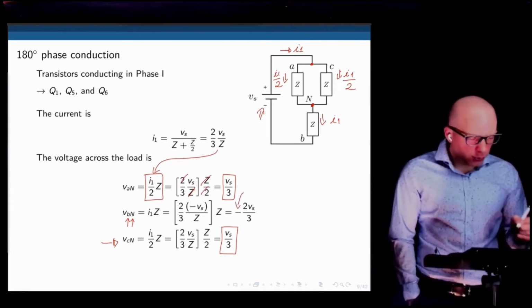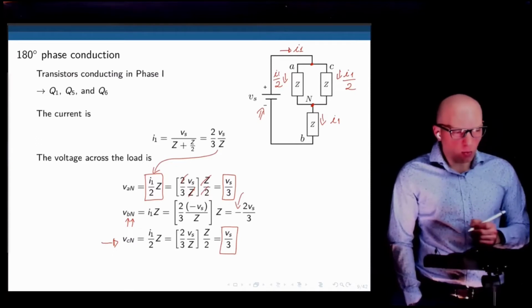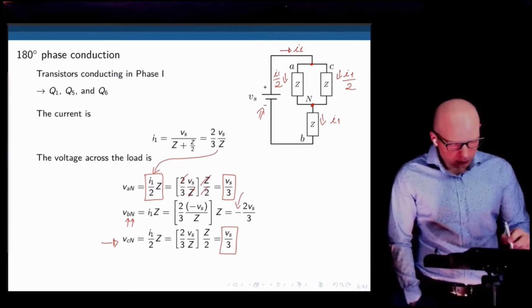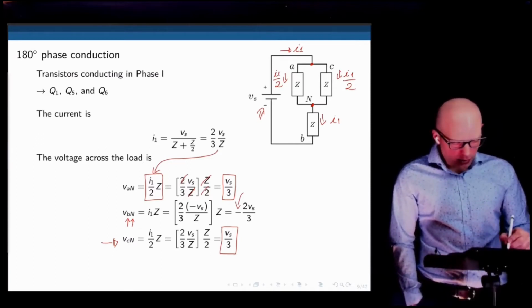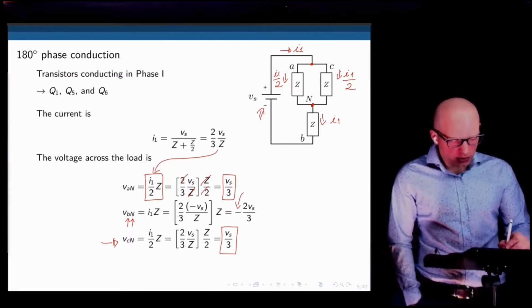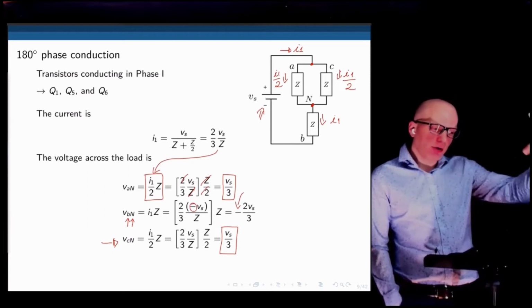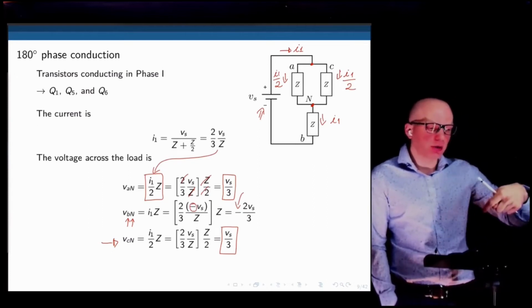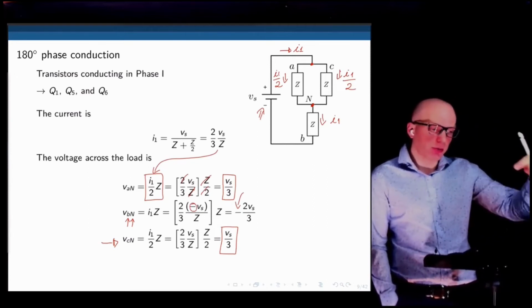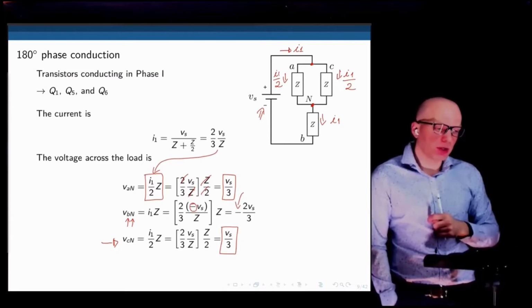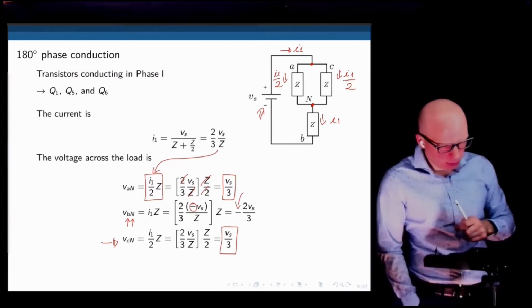So the current through branch B is simply I1, not I1 over 2. The current that we calculated before holds, except that we now have this negative sign because the current is flowing from a high potential to a lower potential, from neutral to the negative side of the power input.